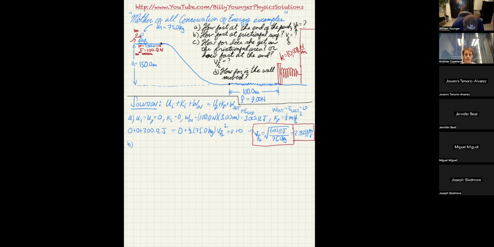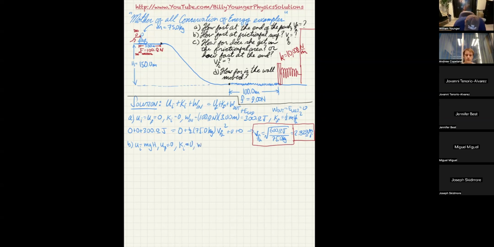So U initial is going to be m times g times h, and U final is going to equal 0. Kinetic energy initial is going to equal 0 because, again, I'm starting with the father just pushing.